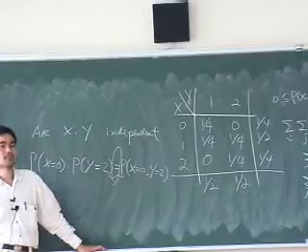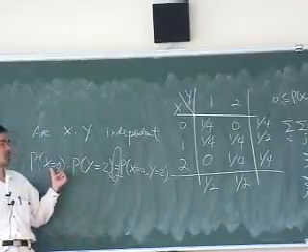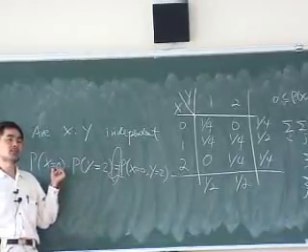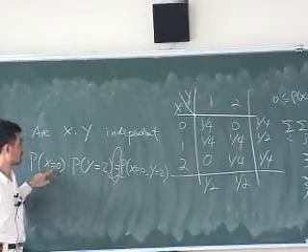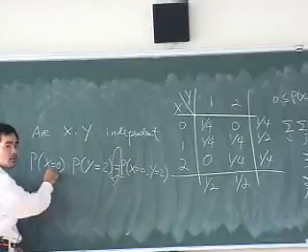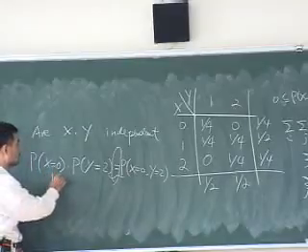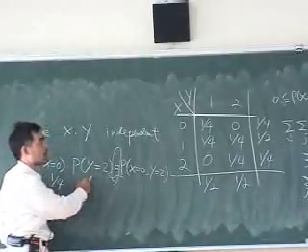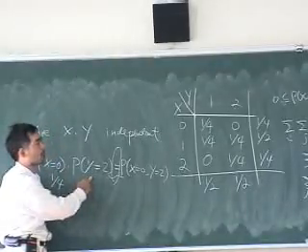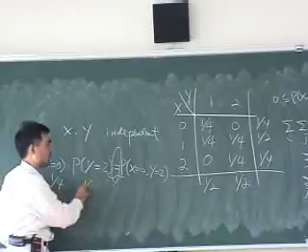Why? What is this equal to? P(x equal to 0) is 1/4. Okay, 1/4. What about here? 1/2, right?